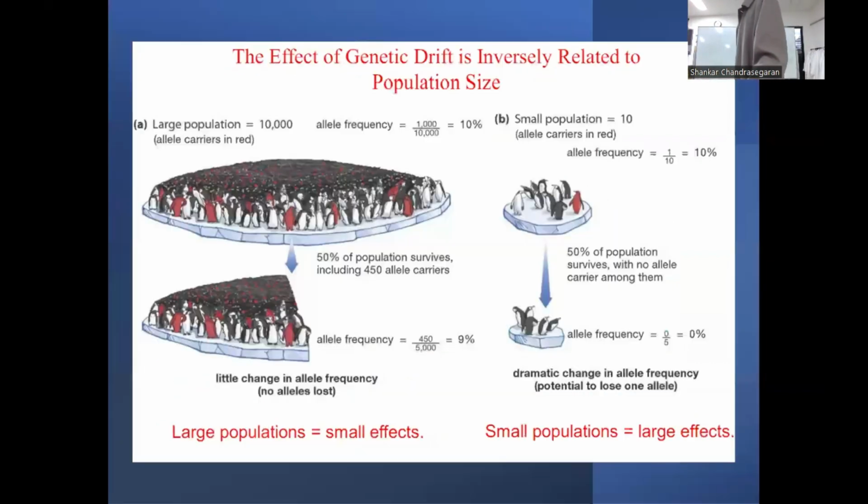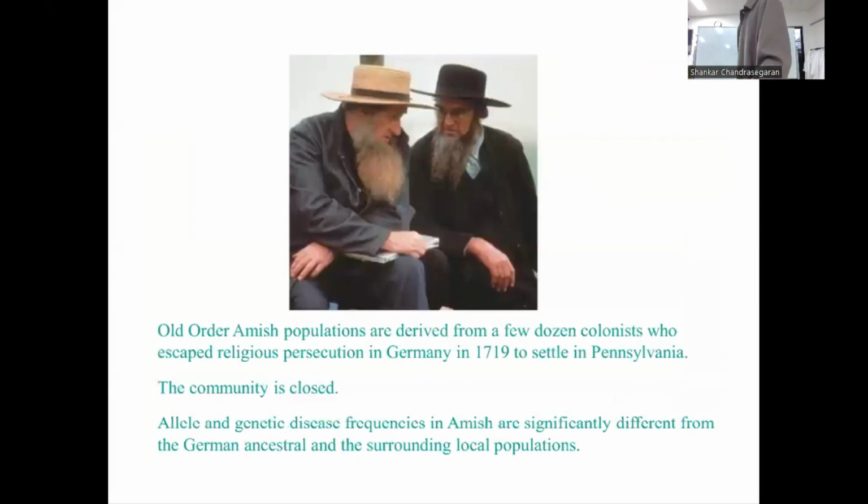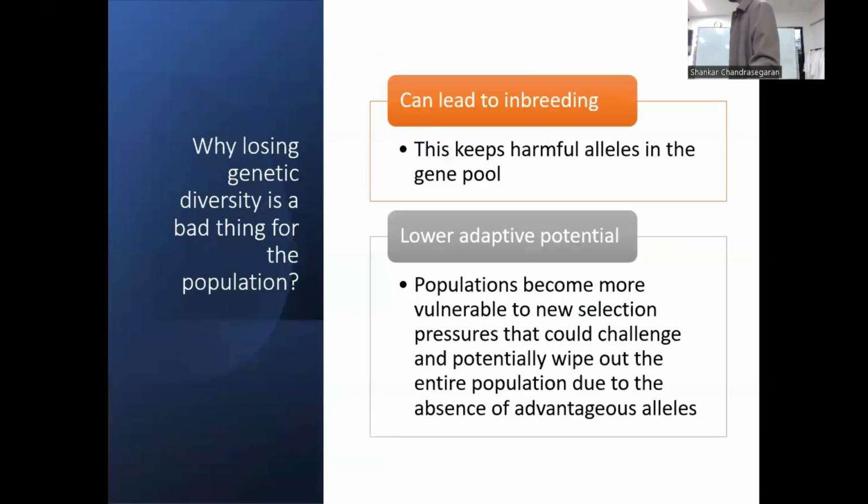So how can this be a bad thing? Basically what happens, a high amount of inbreeding will occur within these populations, and whatever disease can be found within these populations is going to be passed on more and more to the next generation. It has been found that within Amish populations, there are certain diseases that still haven't been discovered in any other population, because when a specific population is inbreeding a lot, they are going to pass down harmful alleles within that population.